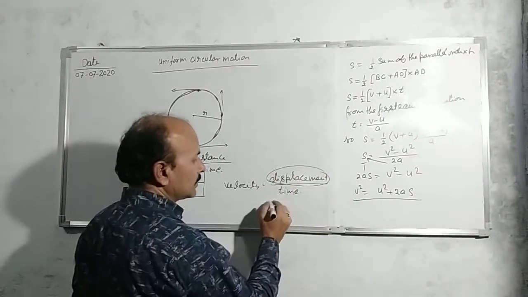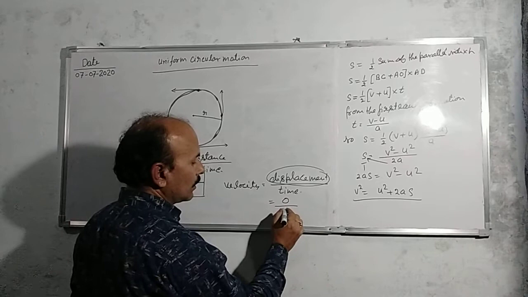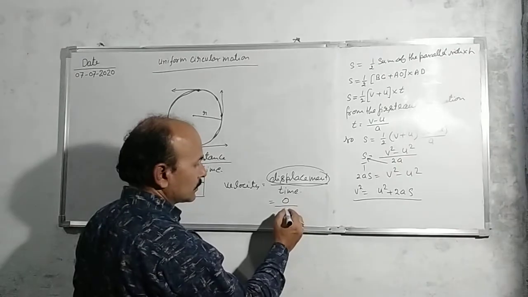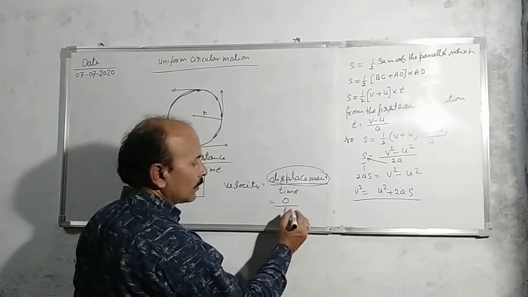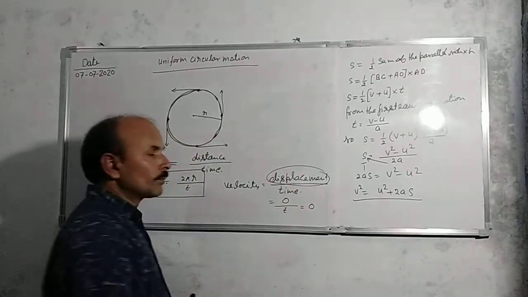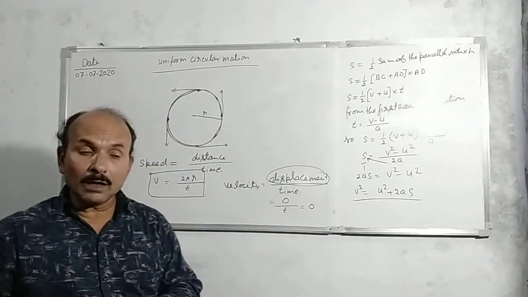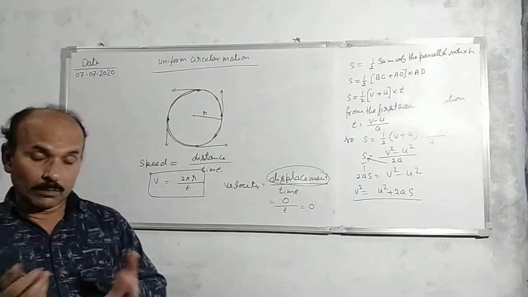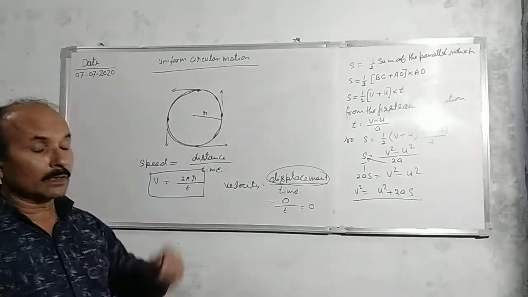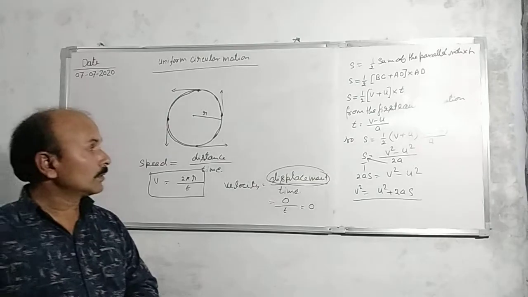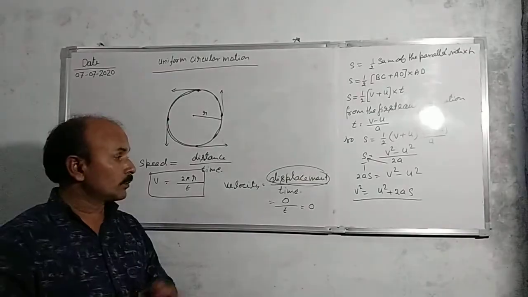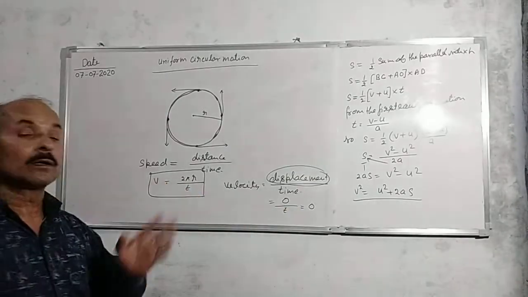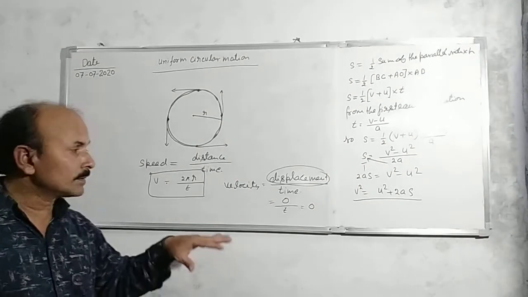Displacement will be 0. Displacement is 0, so velocity will be 0. So if any object moving in a circular path starts from any point and after a complete round reaches its initial position, then velocity will be 0, but speed will never be 0.